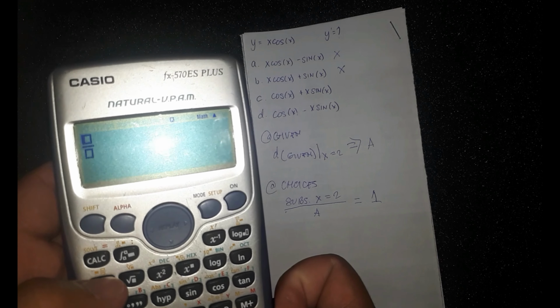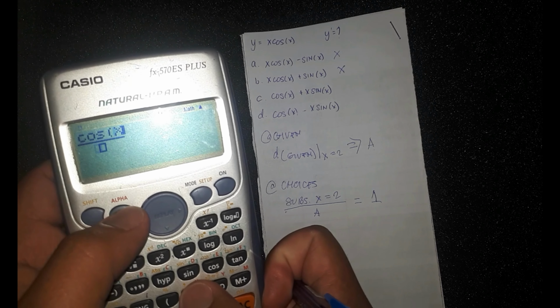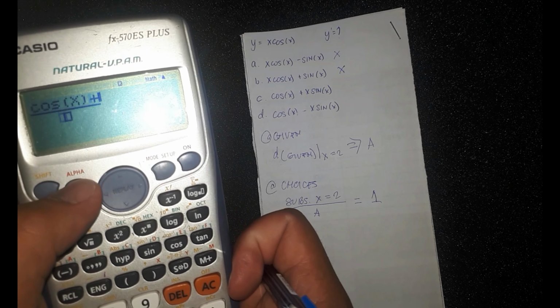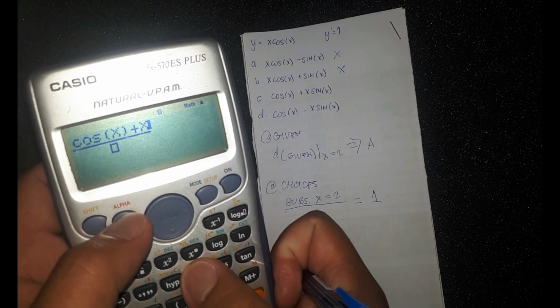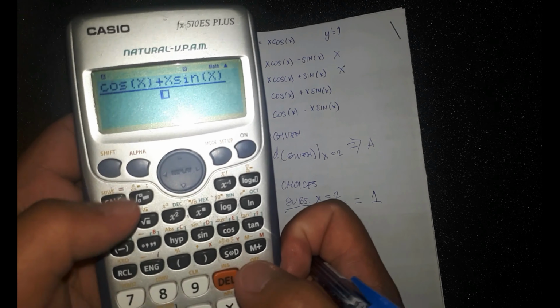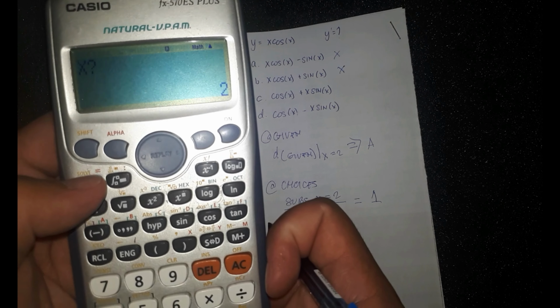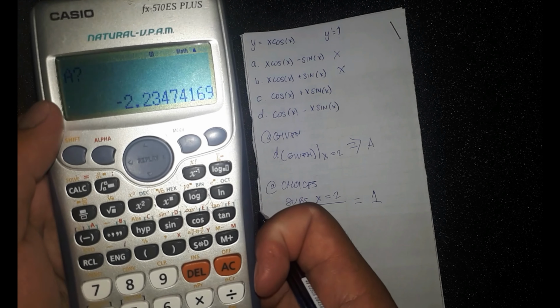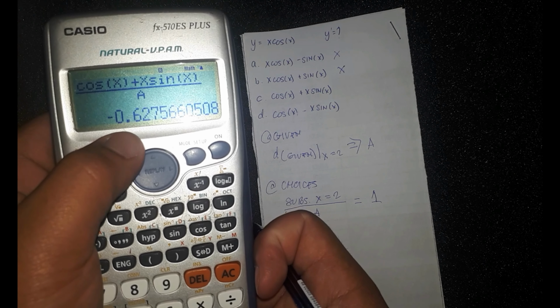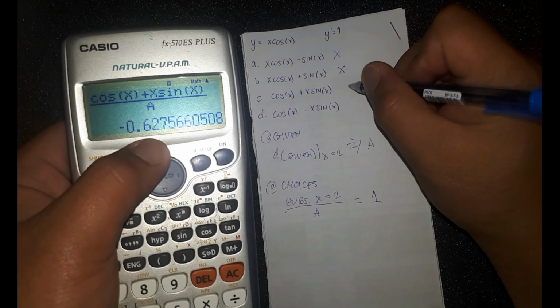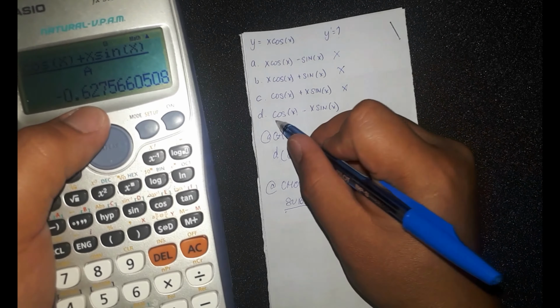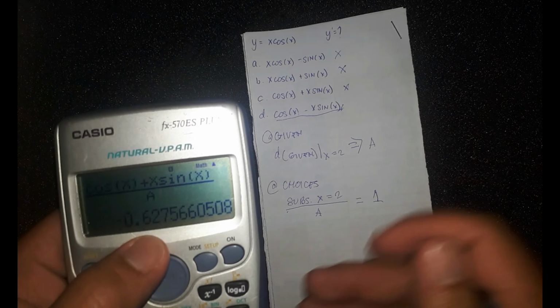Next, cosine x plus x sine x all over A, calc x pa din natin is 2, negative 63.63. So let's now prove that letter D is the correct answer.